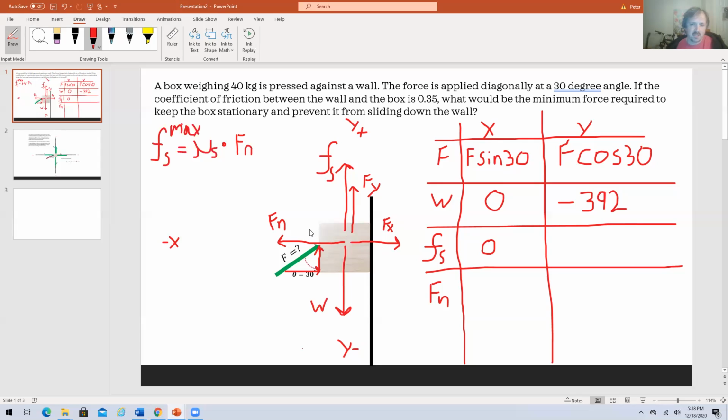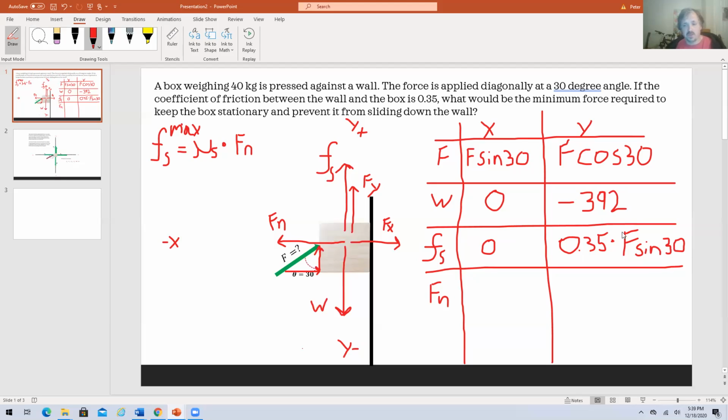So Fn is basically going to be equal to the x component of F. Okay, so it's basically going to be 0.35 multiplied by F times the sine of 30.